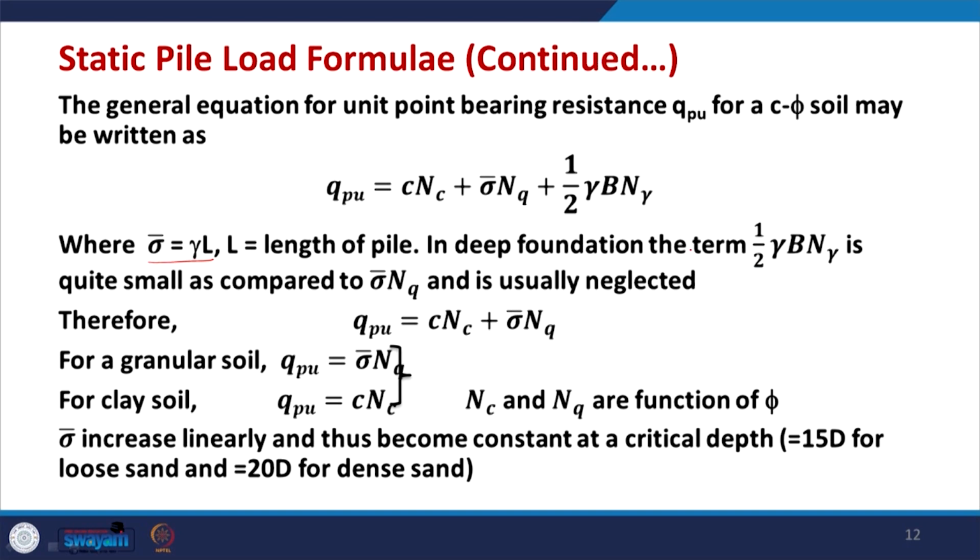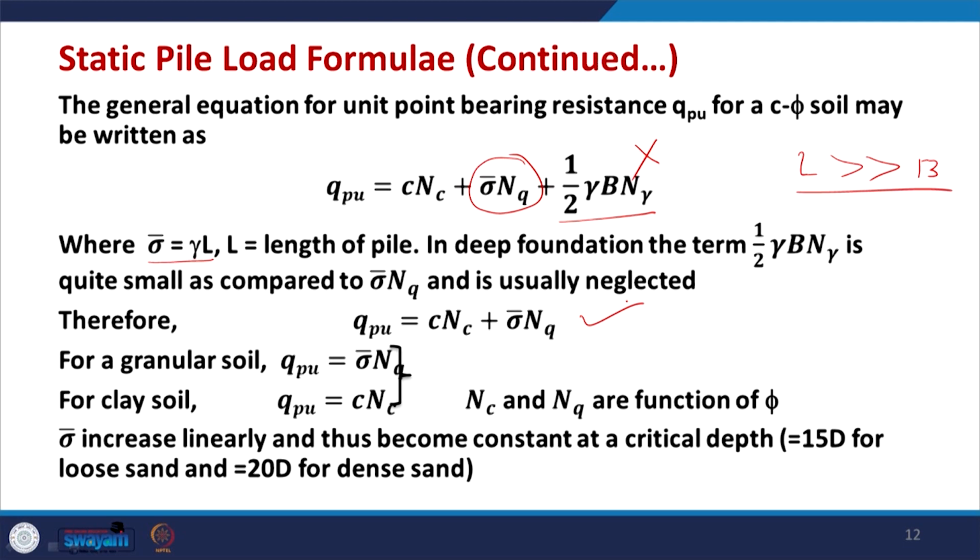So, if you compare the second term and third term in this equation, the third term can be neglected. Why? Because gamma B will be quite small compared to sigma bar, since the length of the pile L is quite greater than B, the diameter or width of the pile. As a result, this equation is simplified to QPU equals C Nc plus sigma bar Nq.